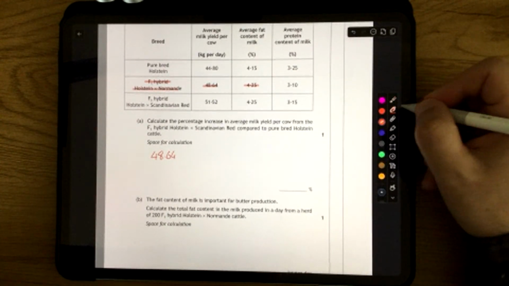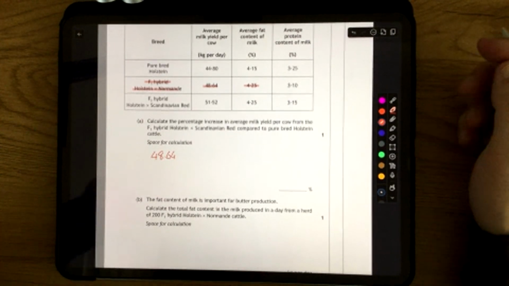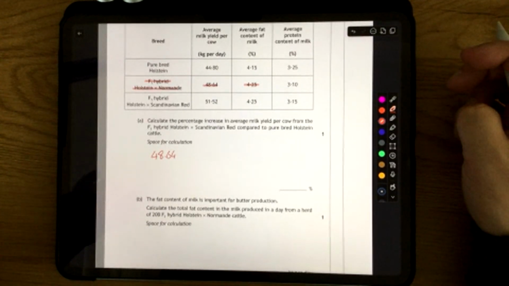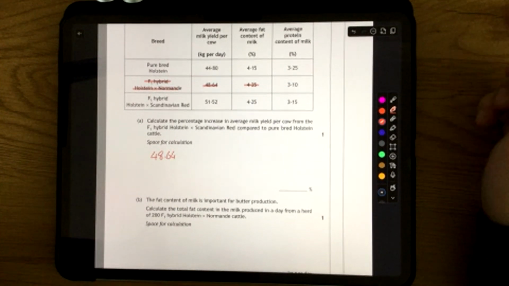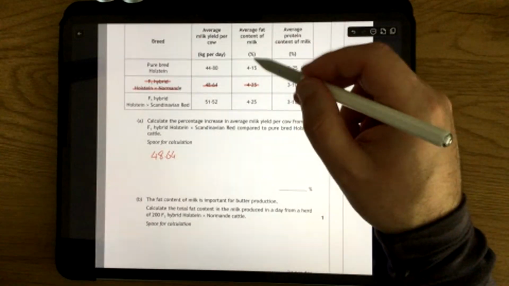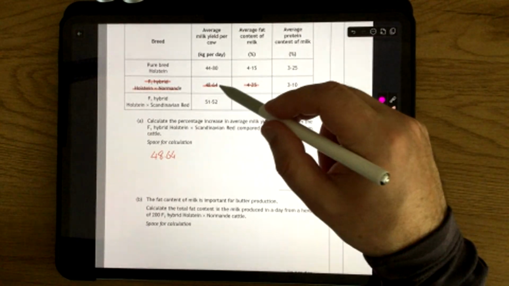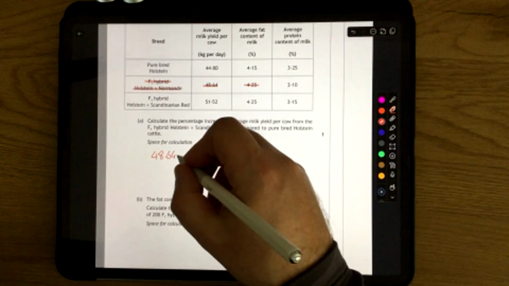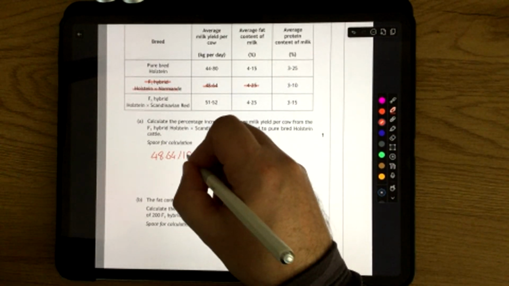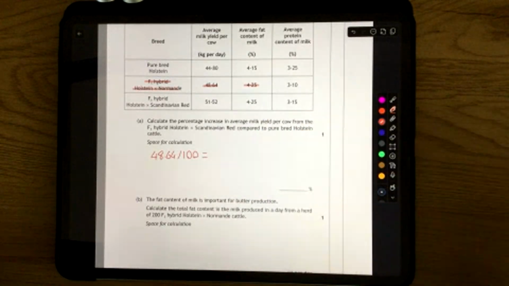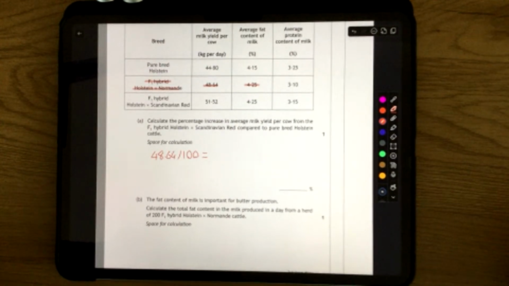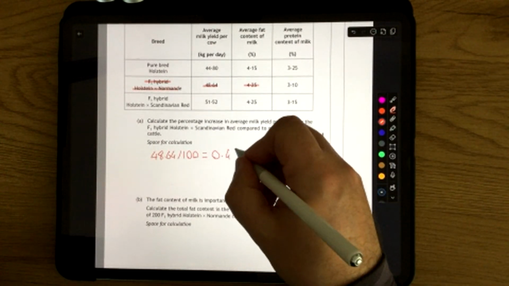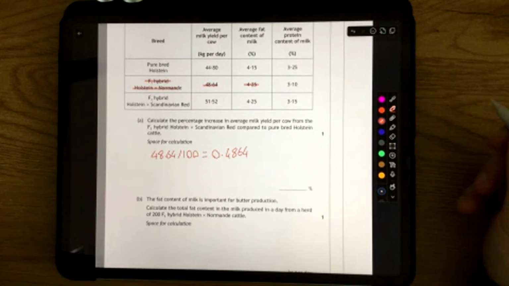Right, now how you do it is up to you. I'll keep it very, very simple. My brain works totally different probably from the way you get taught maths in school these days, right? So just bear with me. But if I'm going to work out what 4.25% is of 48.64, how I do it is I put the 48.64, I'll divide it by 100, which will give me, on my calculator, 0.4864, right?